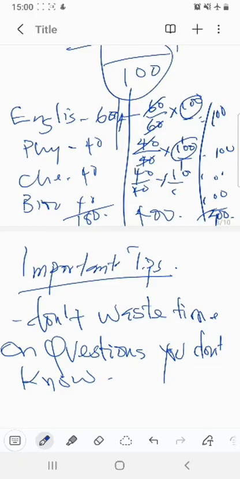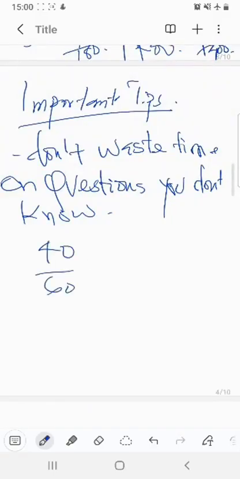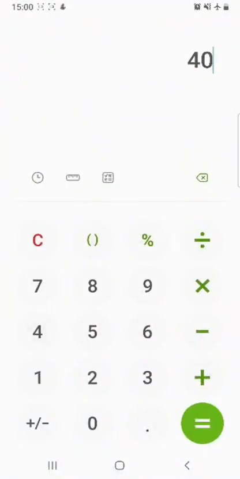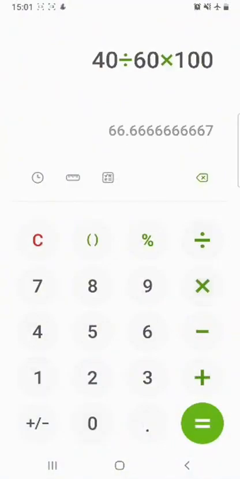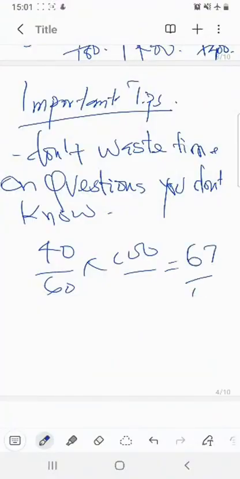Let's say you have 40 over 60 in your use of English. 40 divided by 60 times 100, so you score 67 over 100 in English. You understand? So attempt all the questions in your CBT.